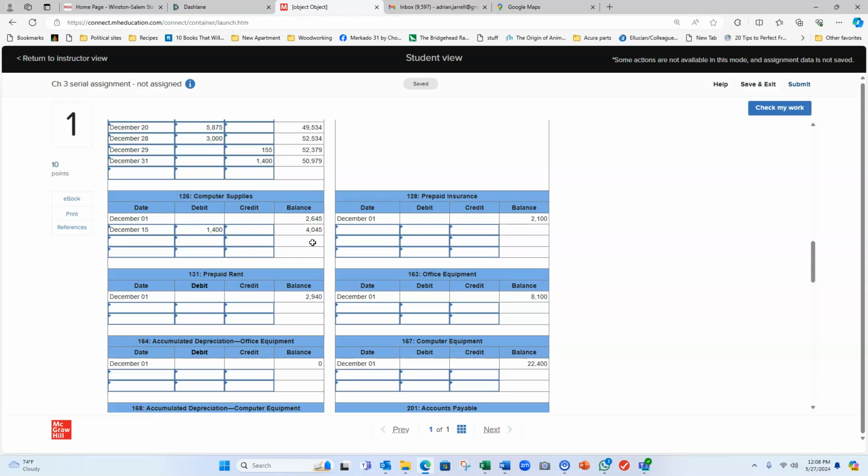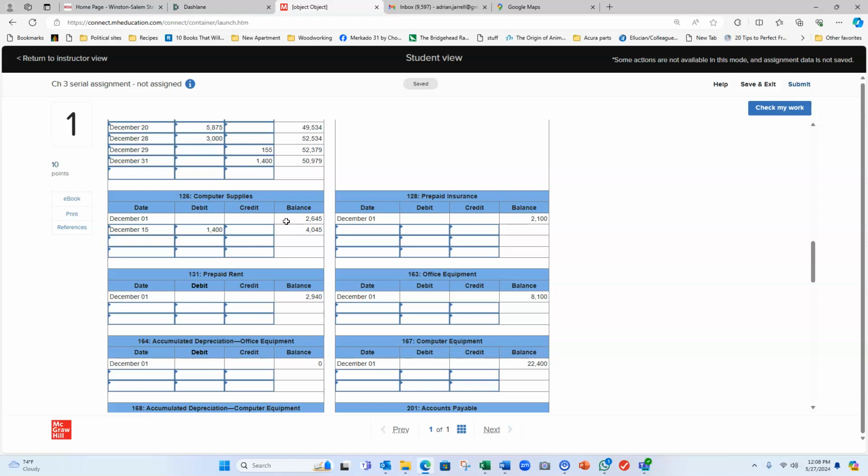So my balance should be $630. What's the difference? The difference is $3,415. So I need to credit this account $3,415 and then debit another account.